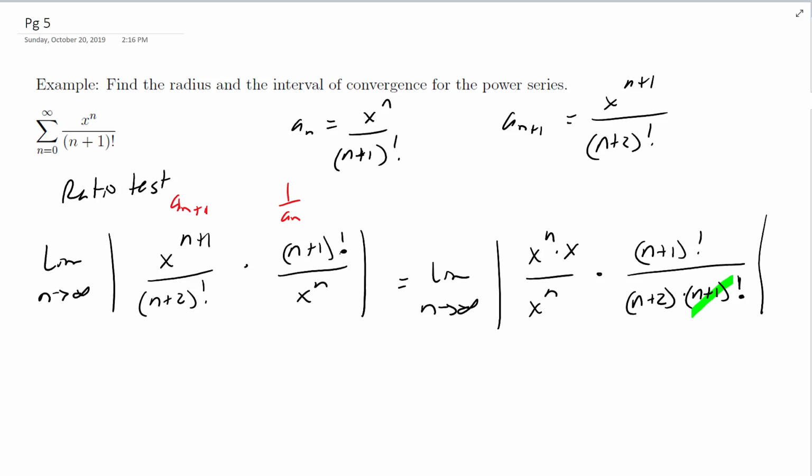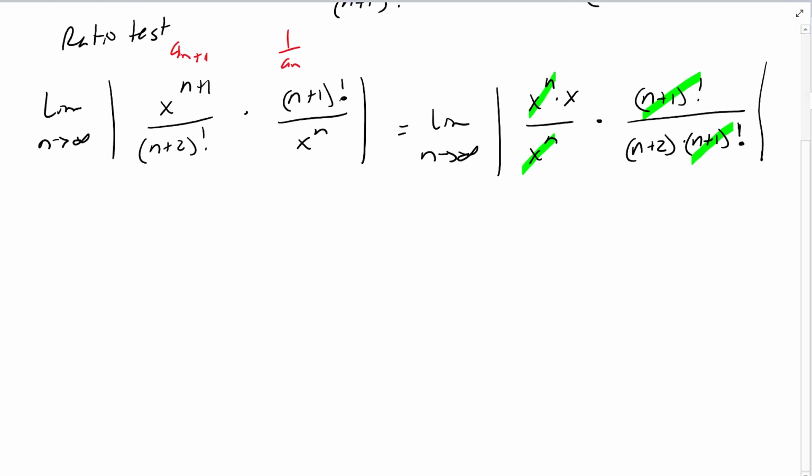At this point, those two things cancel out. My x to the n cancels out. And this whole limit turns into the limit as n goes to infinity of the absolute value of x over n plus 2. So that is our ratio test.